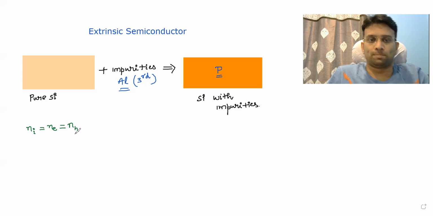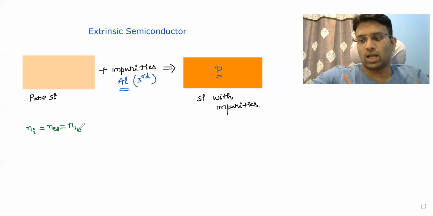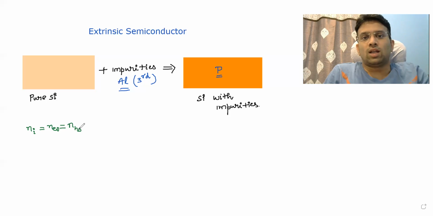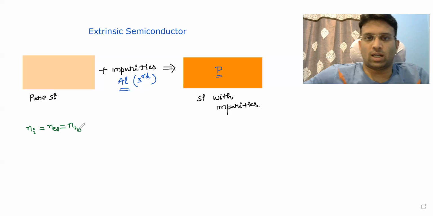Because we are going to use Ne and NH even in the extrinsic semiconductor, let me call these Ne0 and NH0. So Ne0 and NH0 are the number of electrons and number of holes in the intrinsic semiconductor, that is pure silicon.